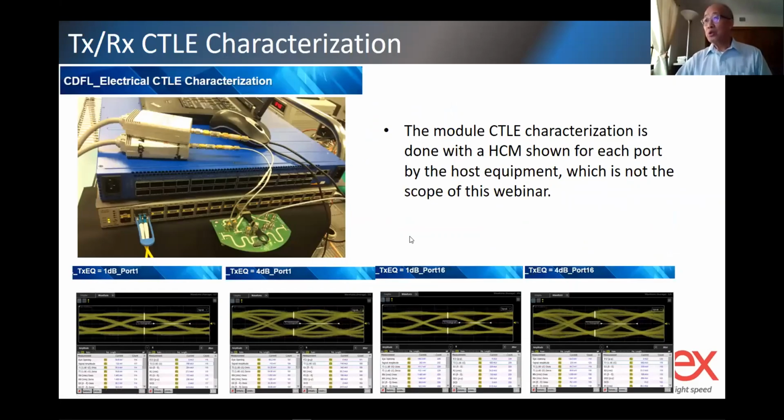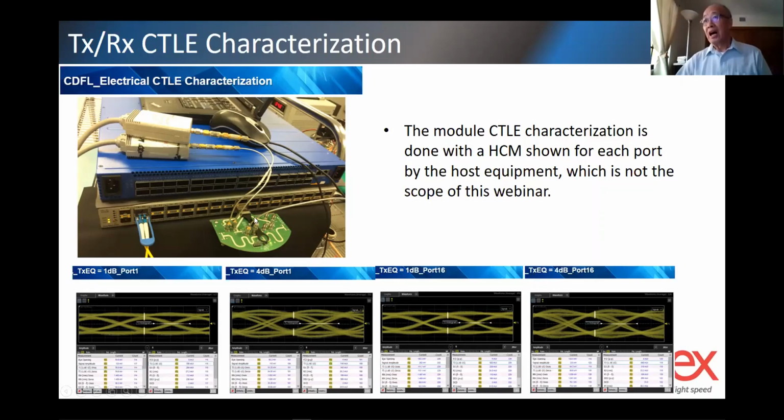Basically, this is the reason I put it up here. And when you do it in the lab, that's how the transceiver people do it. They have this HCB, which is called host compliance board, to plug into one of the slots. You can imagine the slots are all here. They have a worst case slot and a best case slot in terms of the length of the trace, so they need to do all of them to verify it works.